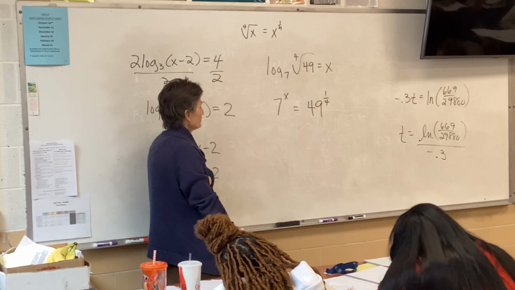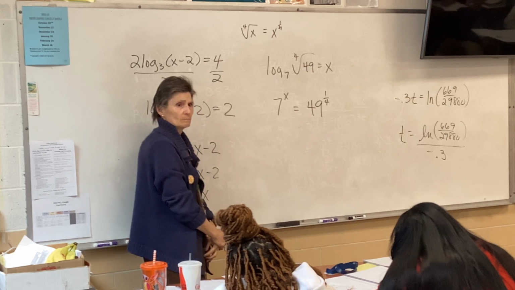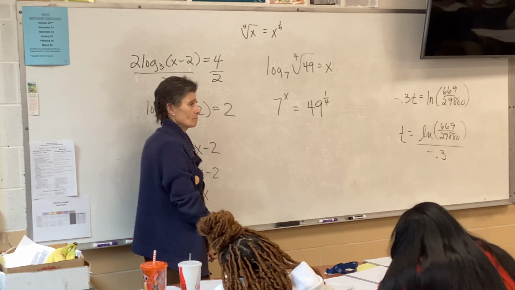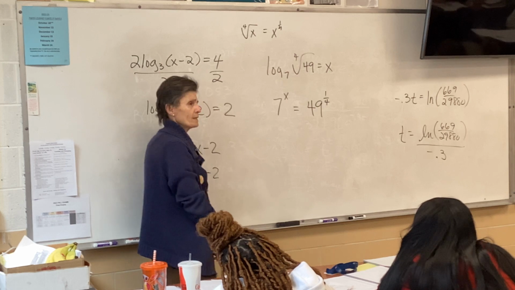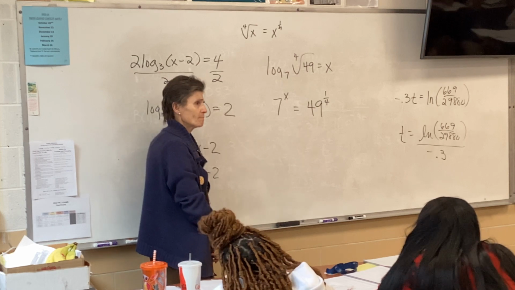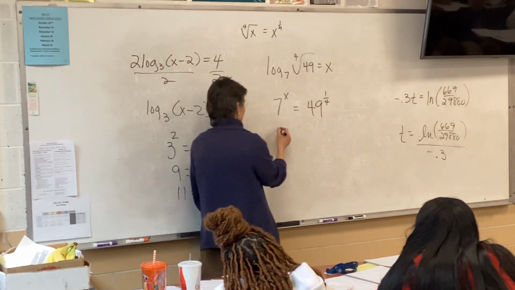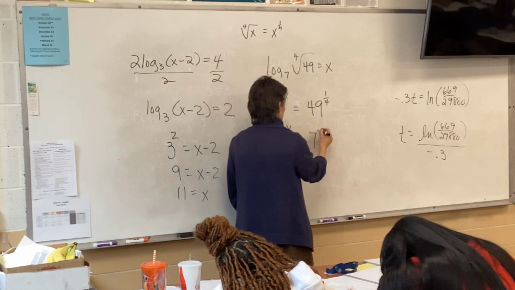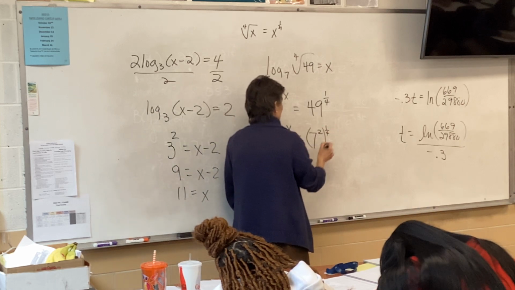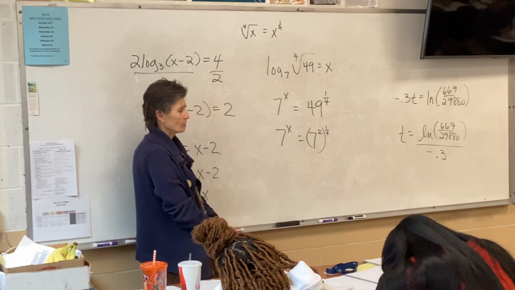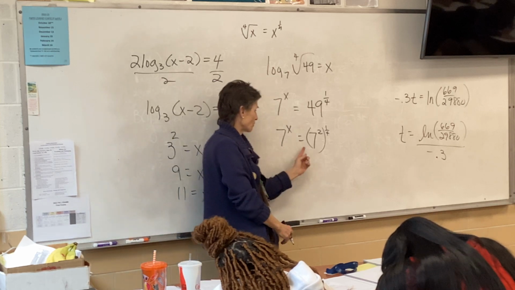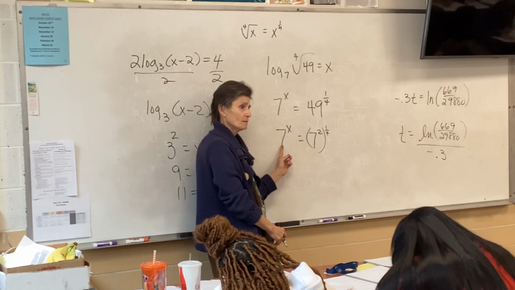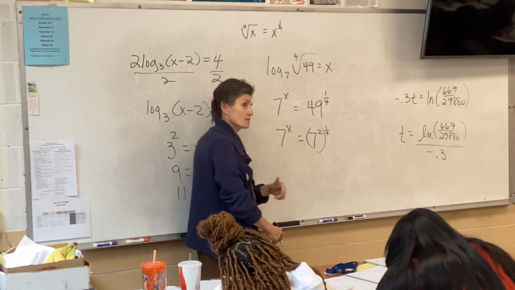What do you think I might want to do now? Is there anything special about 49? Charlie? You just change it to 7 squared. Absolutely. And as soon as you do that, Charlie and everybody else, see how these are both 7s? So now the exponents are equal.